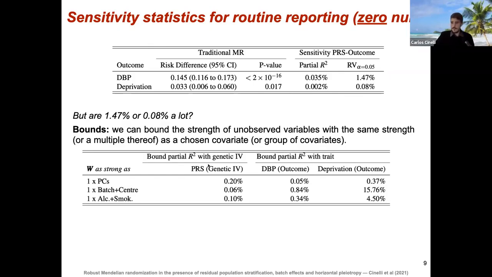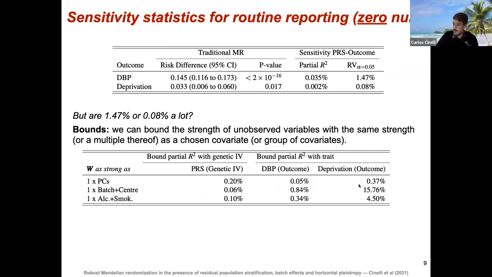Here we have what would be the maximum explanatory power of unobserved variables W if it were as strong as observed principal components, as strong as batch effects and center indicators, and as strong as pleiotropic pathways such as alcohol and smoking. And this is how much residual variation these omitted variables could explain of the genetic instrument, how much residual variation these omitted variables could explain of diastolic blood pressure, and how much variation they could explain of deprivation.